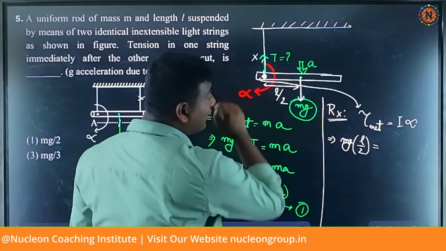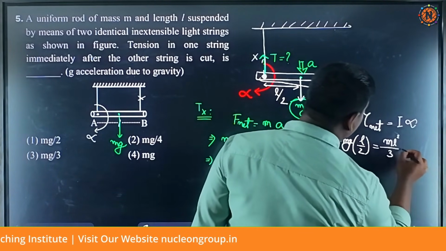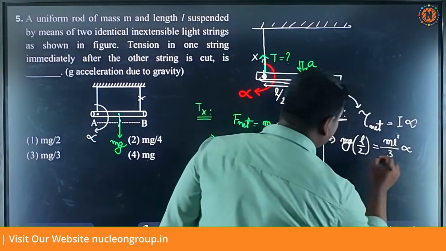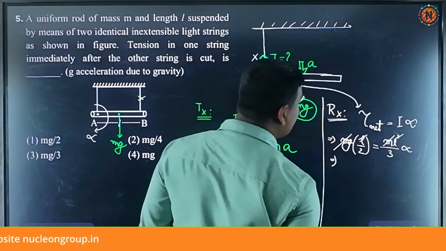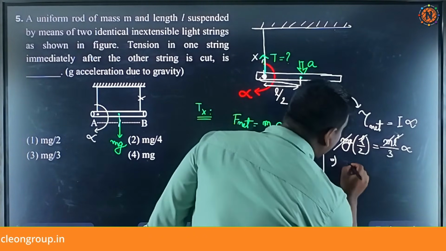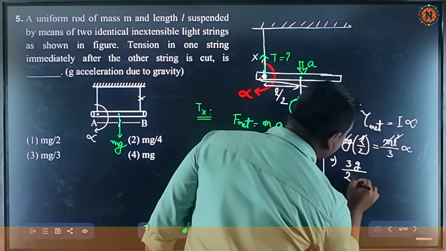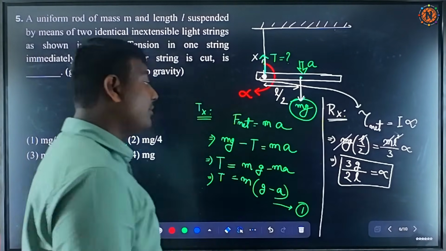Since this is one corner of the rod, the moment of inertia will be mL square by 3, times alpha. Since one L will be cancelled, 3g by 2L is the value of alpha.